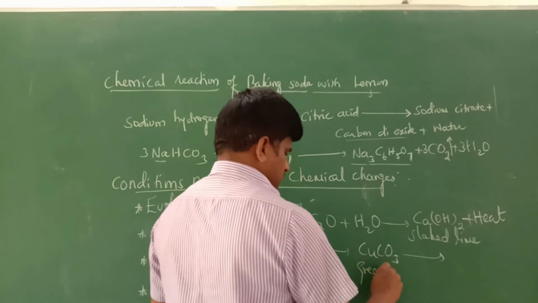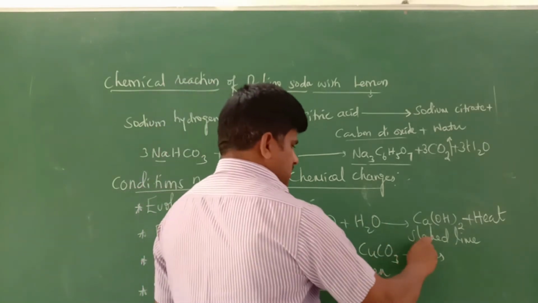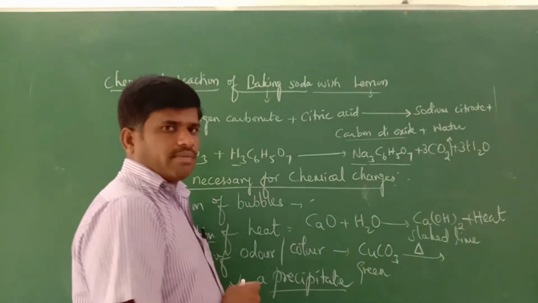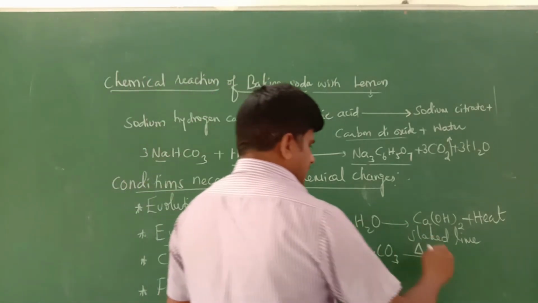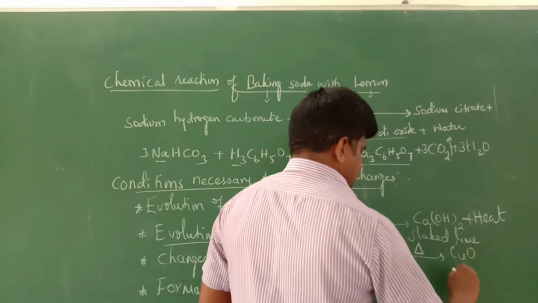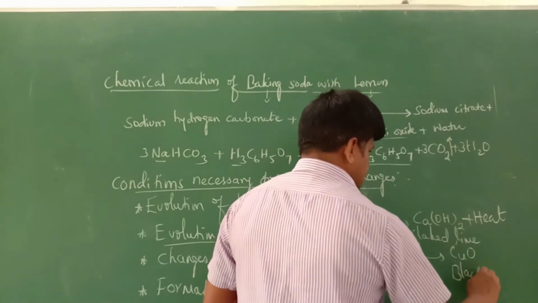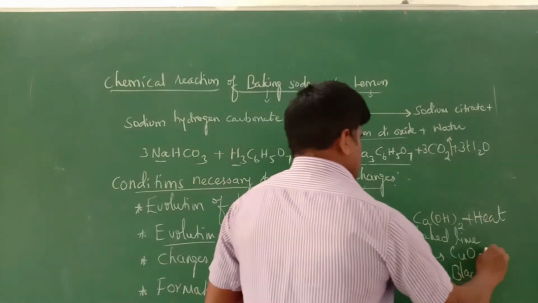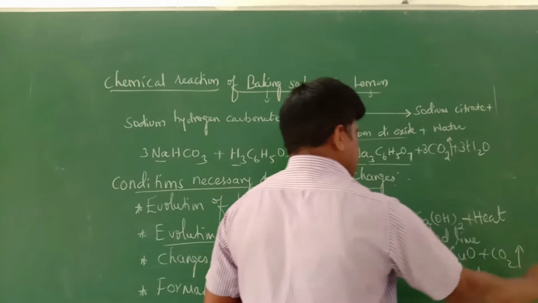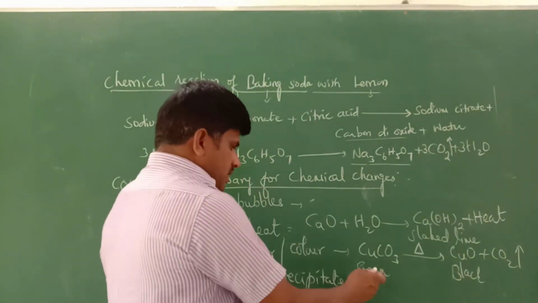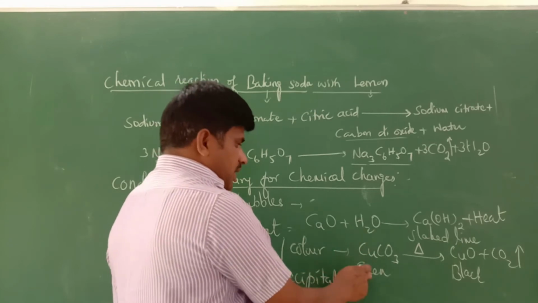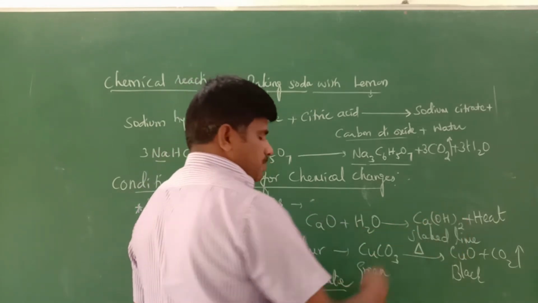When copper carbonate is heated, this green color changes into black color, and that releases carbon dioxide gas. Initially, the reactant color is green. When this is heated, it converts into black color.